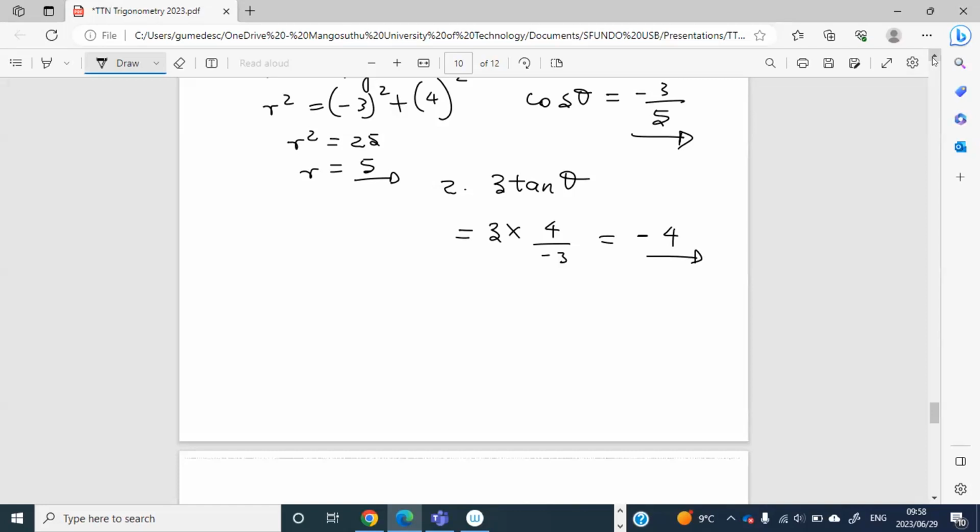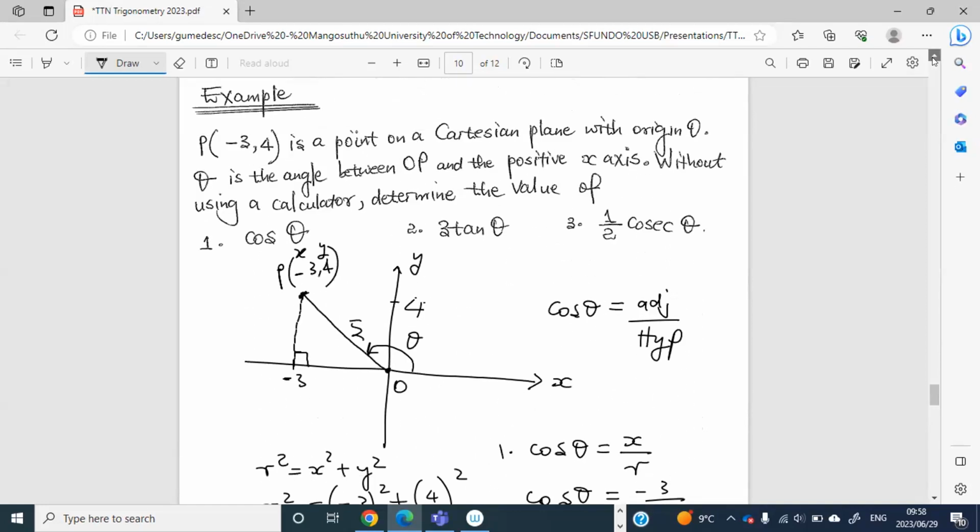Just to recap here, if you are given a point with negative x and positive y, it should be in the second quadrant. You put the point there, draw a line from the origin to that point, and theta will be from the positive x-axis to the line. Then you extend your right angle triangle. Your x will be negative, your y will be positive.